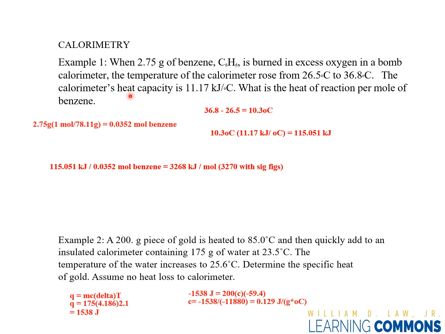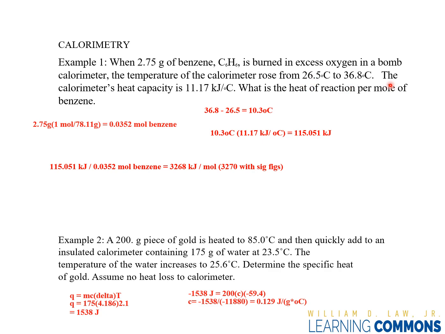For this example, it says when 2.75 gram benzene, and this is the formula of the benzene, is burned in excess oxygen in a pump calorimeter, the temperature of the calorimeter rose from 26 to 36.